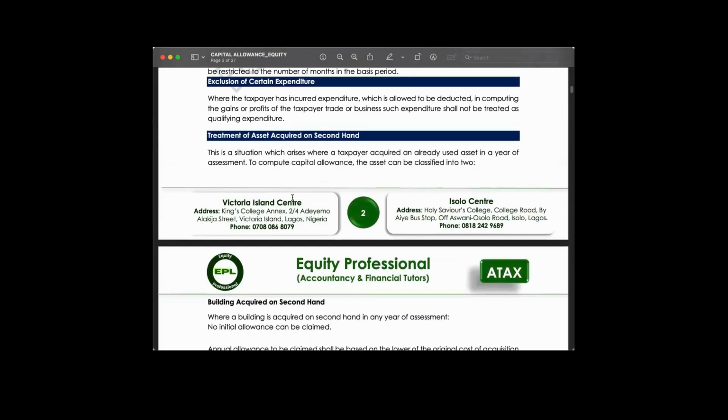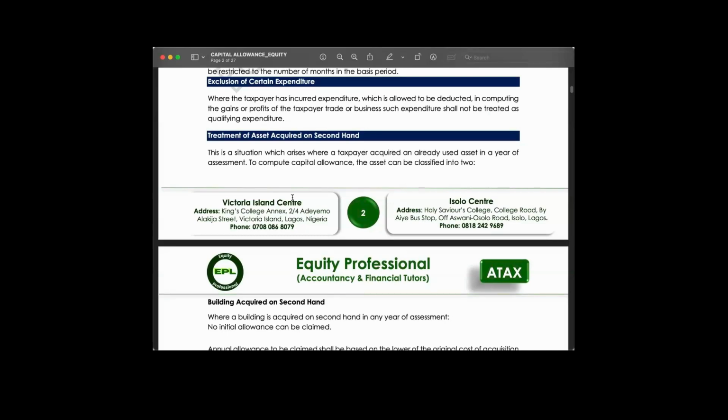Basically, when we're talking about assets acquired on second-hand basis, we're going to be looking at two types of assets. We'll look at our regular assets and building.